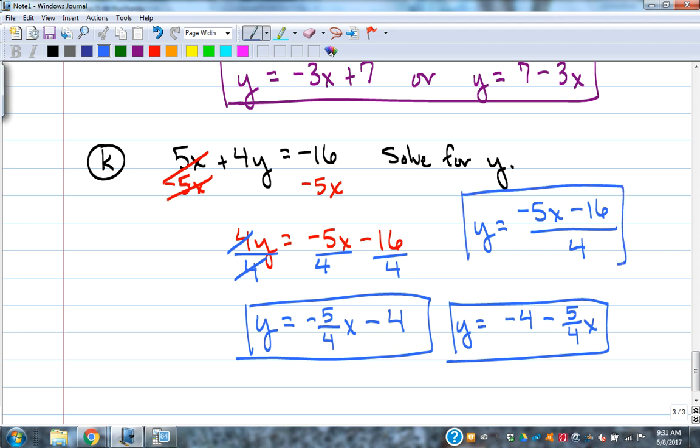This is also correct. This is what I like. To me, that's the best answer. But understand that these others are also correct answers because they did the same work. It's just in a different order that they've written the answer there.